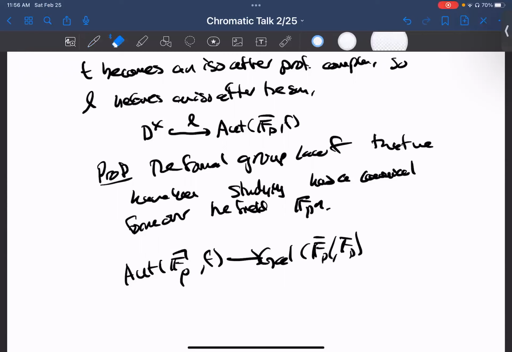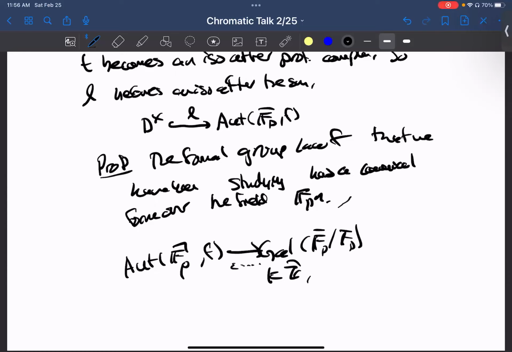In order to get a canonical form over FP to the n, you have to find a splitting of this map over, so not a total splitting, but a splitting over, you multiply out by k Z hat here, where k is going to correspond to the fixed field of FP to the n. So this is a subgroup fixing this fixed field. And we want a splitting over this.